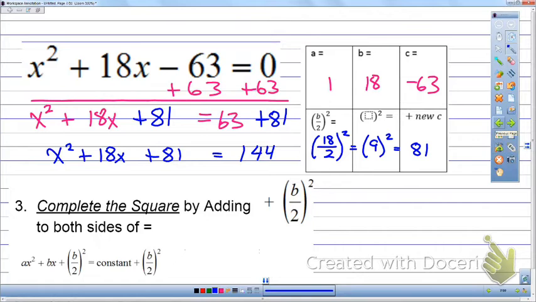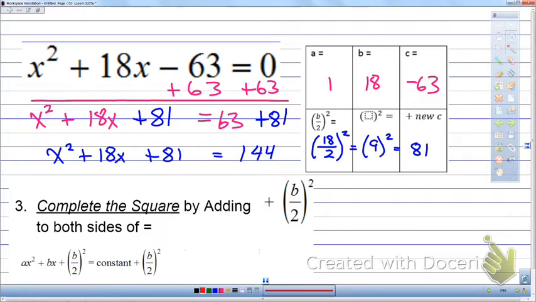Step 3 says we need to complete the square by adding b over 2 quantity squared to both sides. So if we look at this equation right here, a, b, and c, b equals 18.